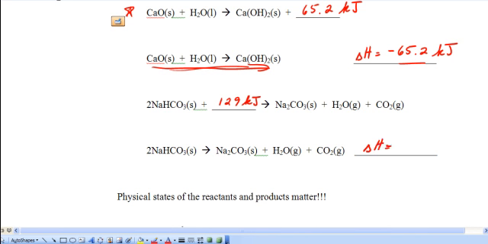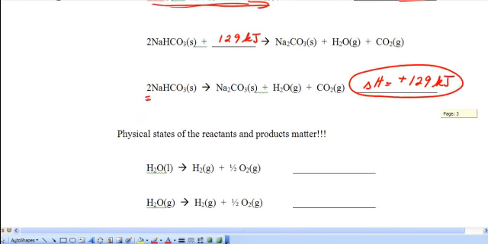In this case, it is a positive value because it's an endothermic process. It's absorbing the heat. It's absorbing 129 kilojoules of energy per mole of reaction, which includes 2 moles of this. So the decomposition of 2 moles of this will require this much energy. It's per mole of reaction.